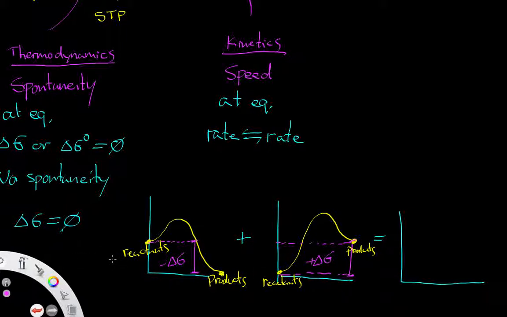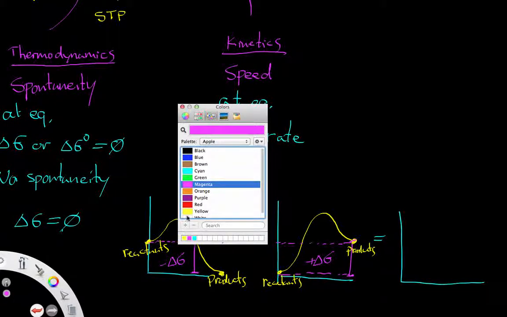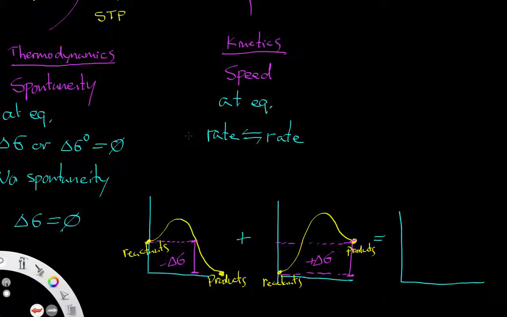And so now the next question is, well, how do we have a delta G value that equals 0? Well, I suppose if I were to just arbitrarily assign values to these negative delta G's and positive delta G's, I could say that this negative delta G equals negative 50 kilojoules per mole. While over here, this positive delta G is going to equal positive 50 kilojoules per mole.